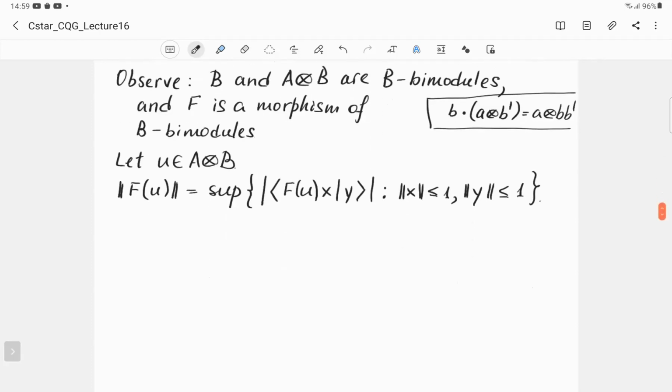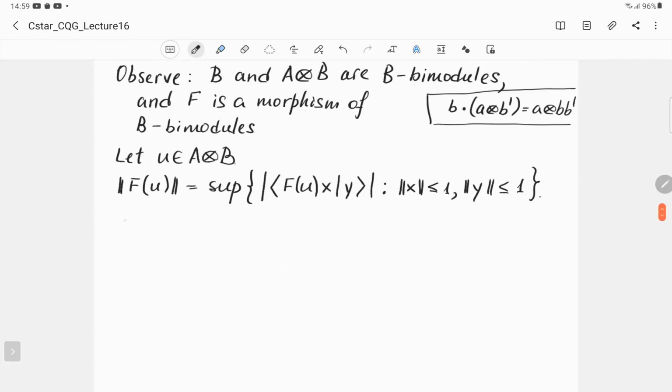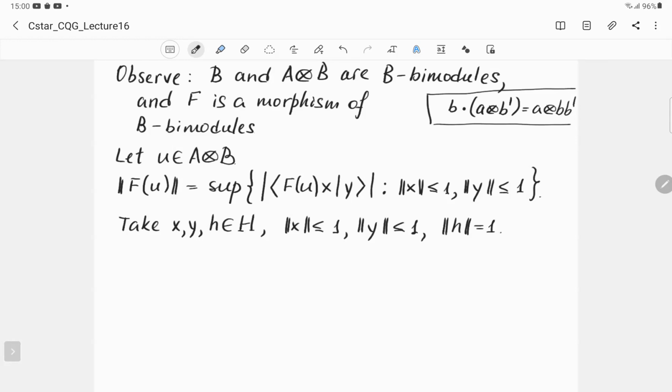Okay, so now we do the following. We take arbitrary elements x and y from the unit ball, and also an element little h. So x and y are in the unit ball, and little h is on the sphere. And let's consider the rank 1 orthogonal projection P, which is just h circle h.